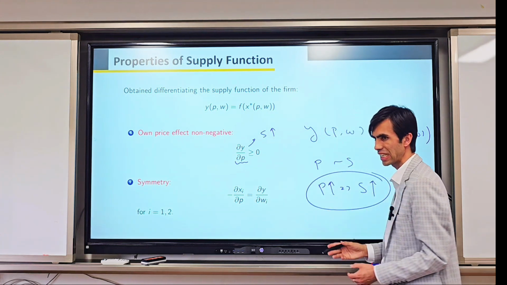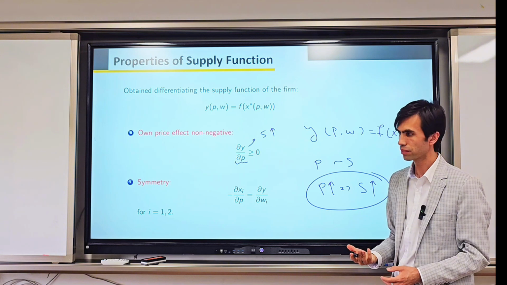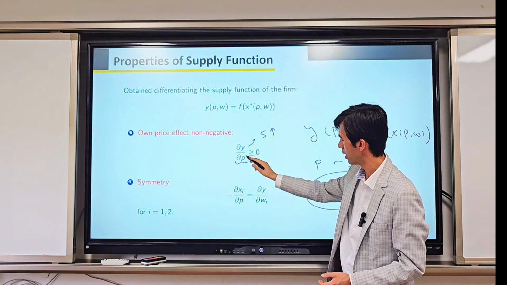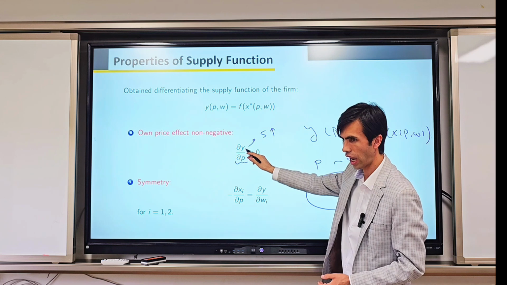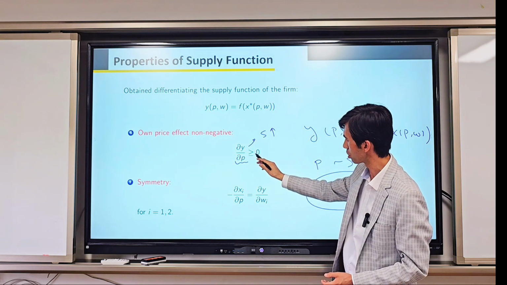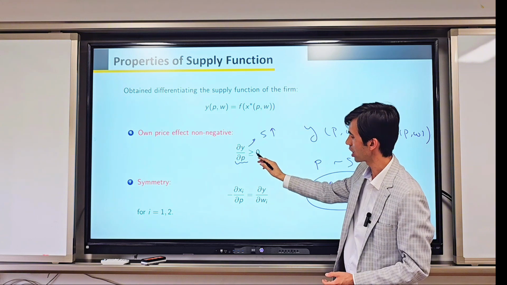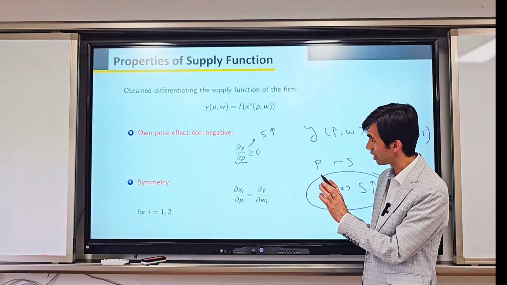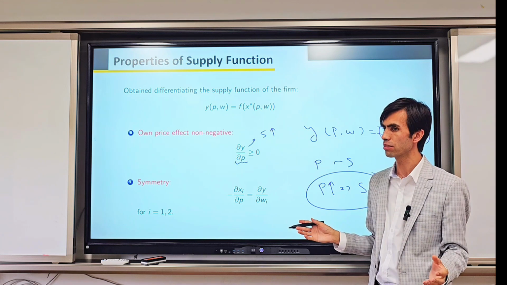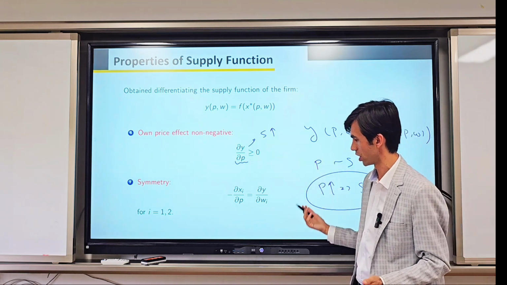That's from the basic supply law. So that's why the partial derivative of output with respect to output price should be greater than or equal to 0. It means it should not be negative. Sometimes there's no change, but sometimes there is a positive change.